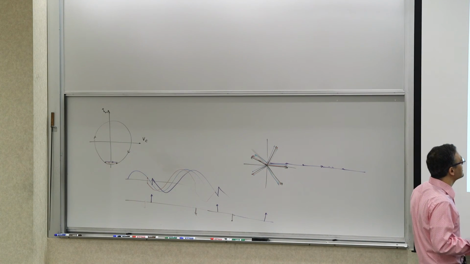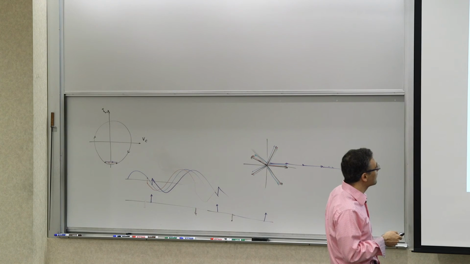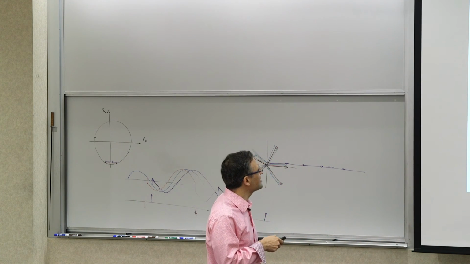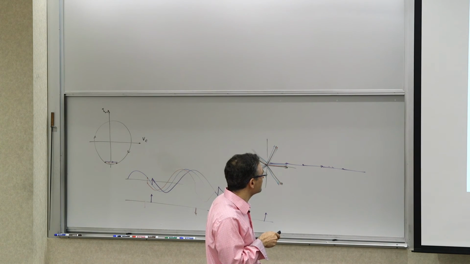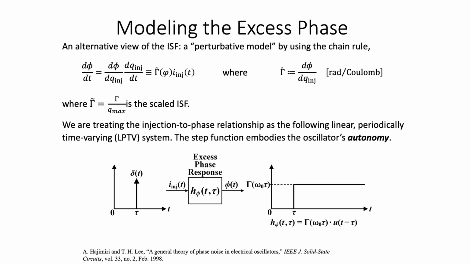And what you do here is, again, a similar analysis, defining an injection. The only difference here is that we are defining this gamma tilde, which is essentially gamma divided by Q max. To make the equations simpler, we write things in terms of gamma tilde, the scaled gamma. Q max doesn't show up in the expression because it's absorbed into the gamma.